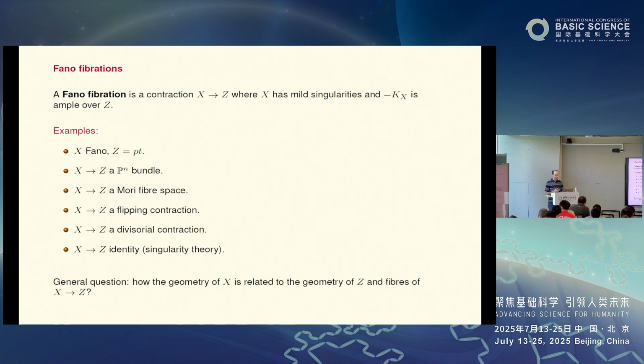So that also tells something about singularities. So that's why this becomes such an interesting story. So with this setting, the question is, how can you study the geometry of a Fano fibration X to Z? How can you relate the geometry of X, of the base, of the fibers, and so on? There is a huge number of questions and results in this setting.